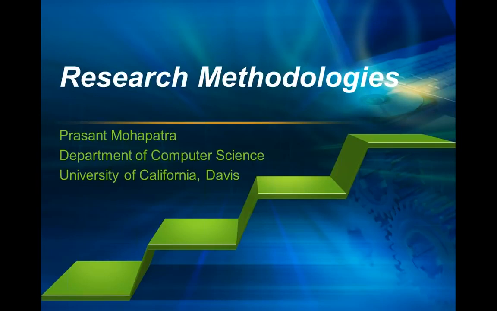I have a bit of background. My name is Prasant Mohapatra. I have been the chair of the Department of Computer Science over here at University of California, Davis. I have a long track of academic experience.